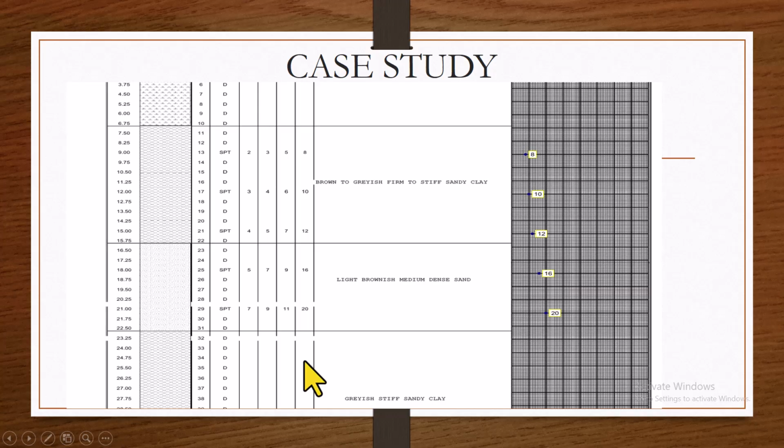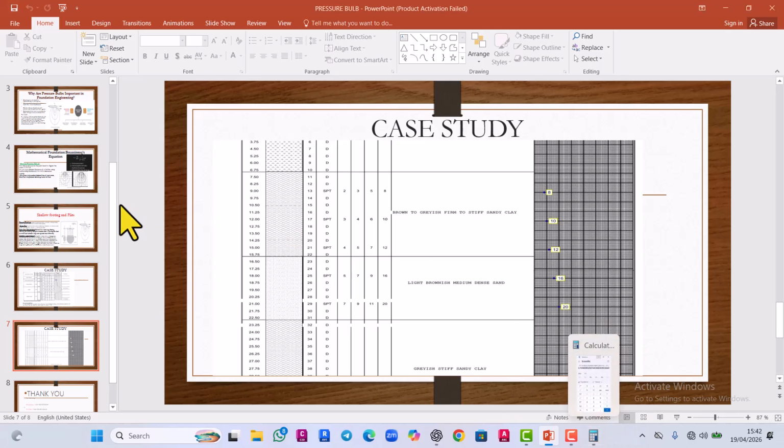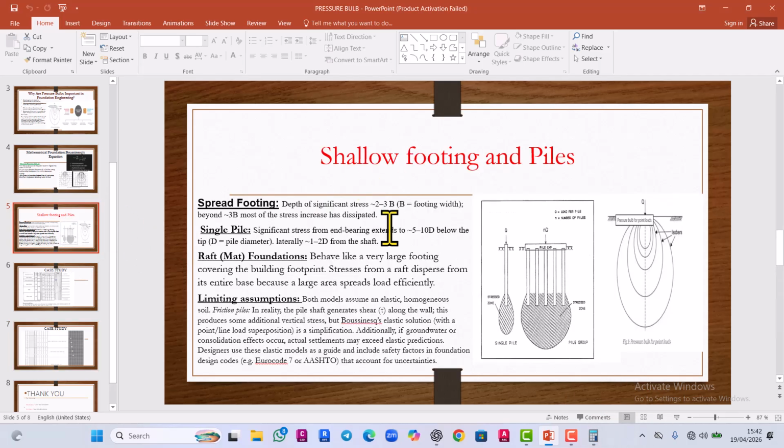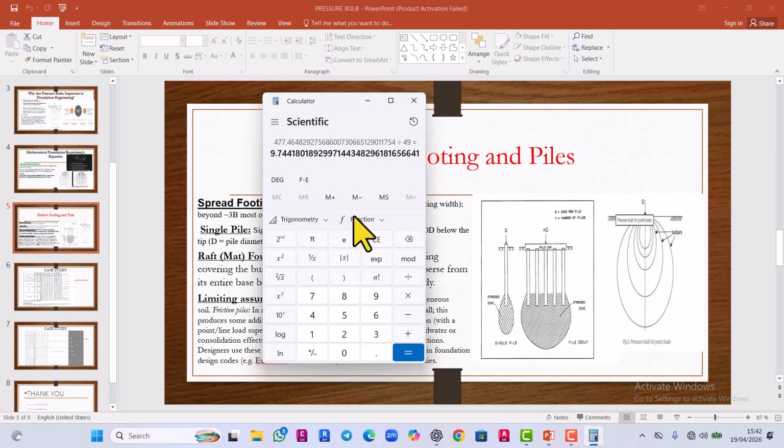But at 22 meter, and from what we have here, we were told 5 to 10D. So let me use 10D actually. We are using a 450 mm diameter of pile, multiplied by 0.45.